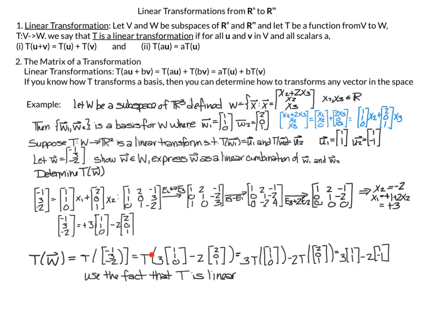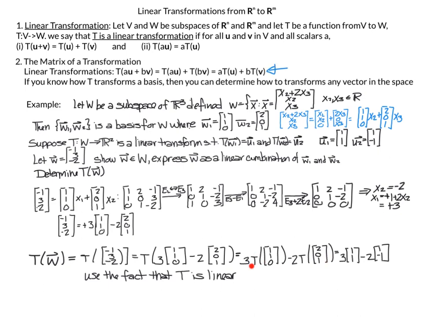Since T is linear, T of 3 times (1, 1, 0) minus 2 times (2, 0, 1) is equal to 3T(1, 1, 0) minus 2T(2, 0, 1). And again, this is the fact up here that we're using. So I'll just put a little arrow.